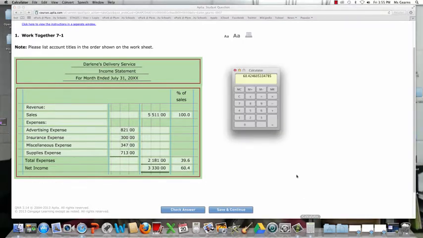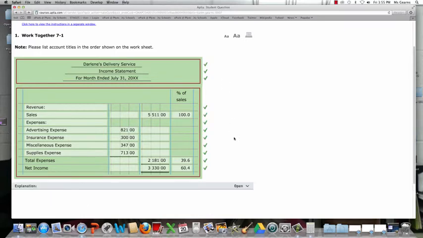And then I know that if I add those two together, 39.6 plus 60.4, I have my 100% of sales. So I just check my answers and it's correct. All right, now you can go on to on your own 7-1 and then the application problem 7-1, which you'll use the same process to complete.